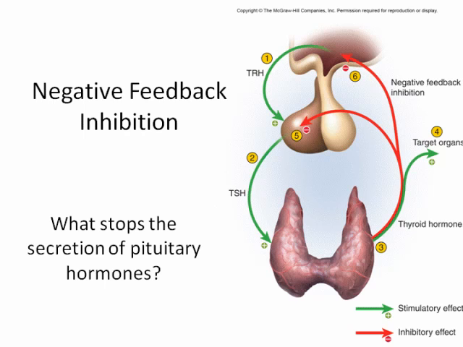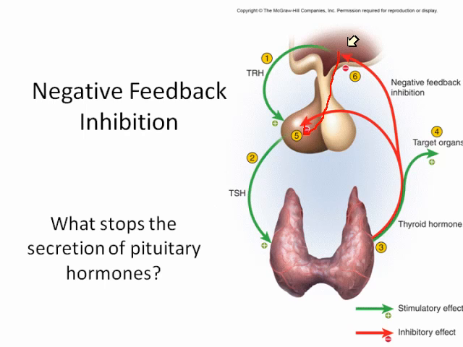So if we follow here, the hypothalamus, we know, is going to release, in this case here, since we're talking about thyroid releasing hormone and thyroid stimulating hormone, thyroid releasing hormone down into the anterior pituitary.